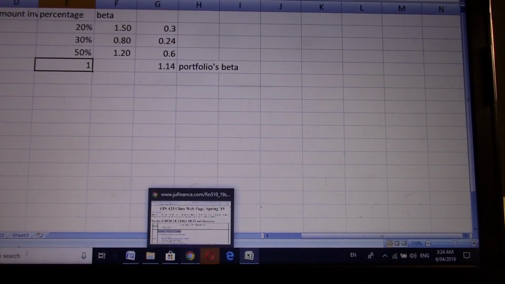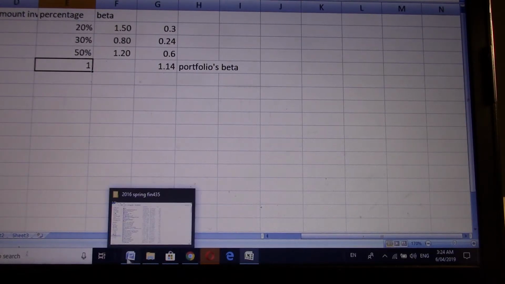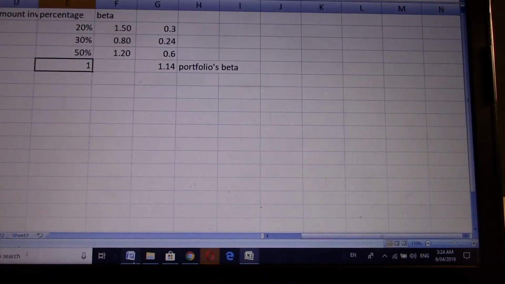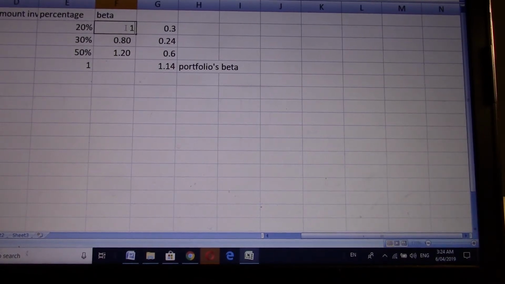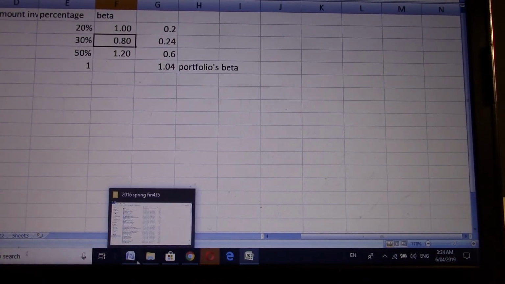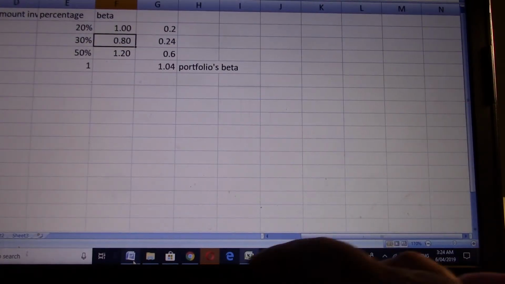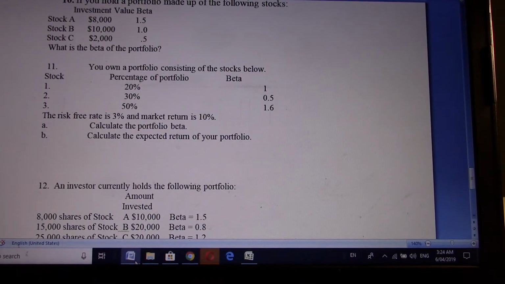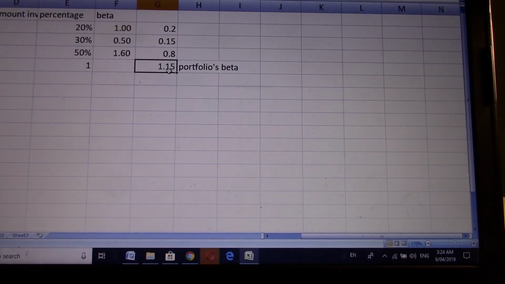And beta is given. Beta is given 1.5, 1.6. So you see the portfolio's beta should be 1.15, right?